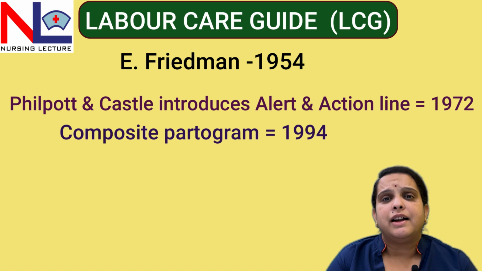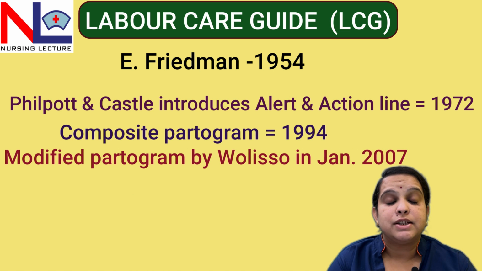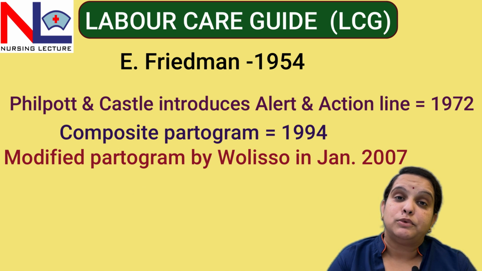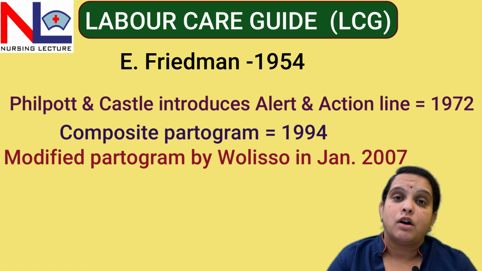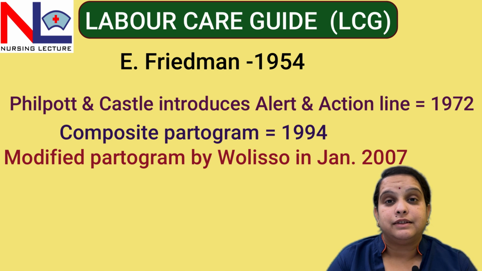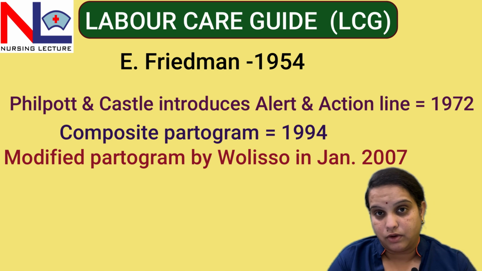After that, in January 2007, Walliso introduced the modified WHO Partogram, and in that the latent phase was removed, and the action alert line was being plotted from 4 cm onwards.